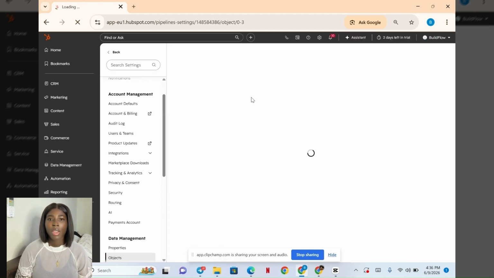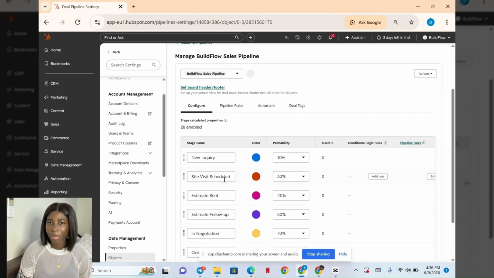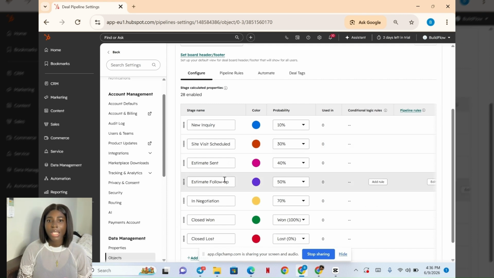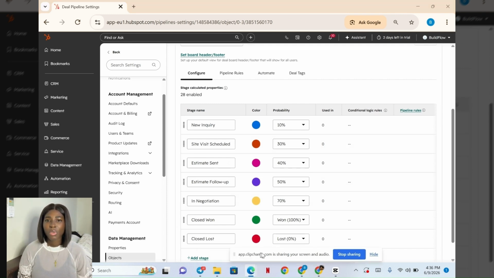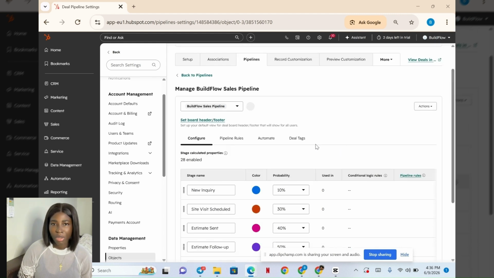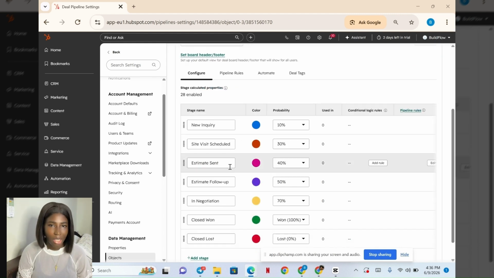We have two pipelines in the system: the BuildFlow Sales Pipeline and the re-engagement pipeline. The BuildFlow Sales Pipeline has six stages, starting from new inquiry, then site visit scheduled, then estimate sent, then estimate follow-up, then in negotiation, and closed won or closed lost.